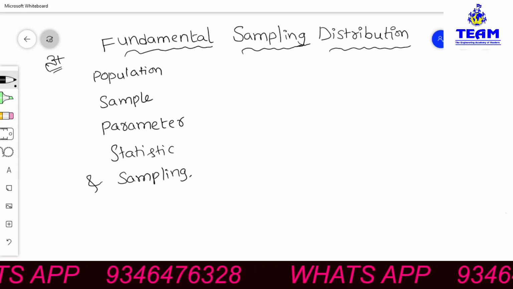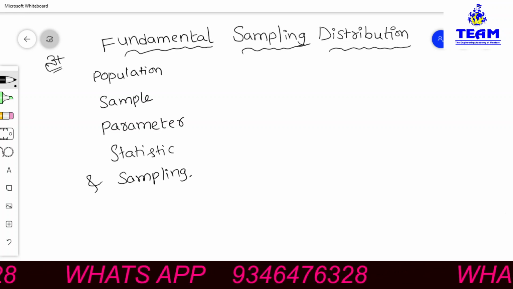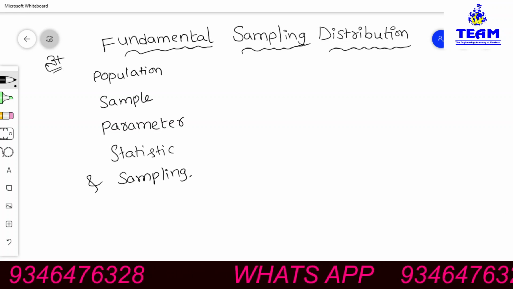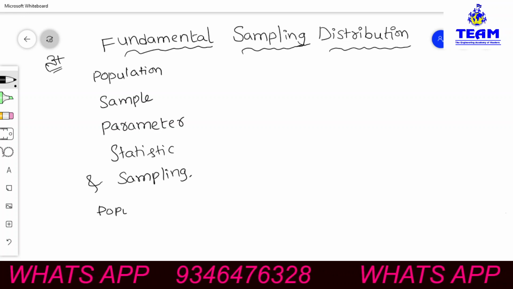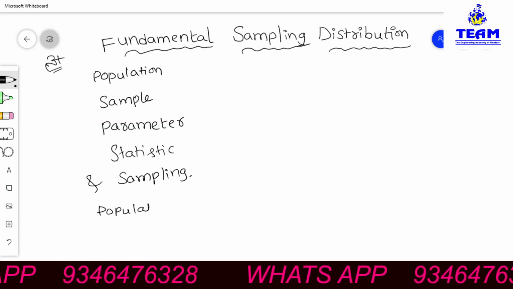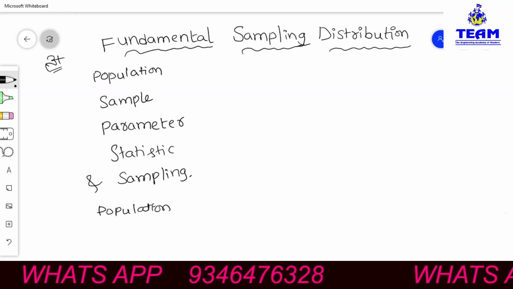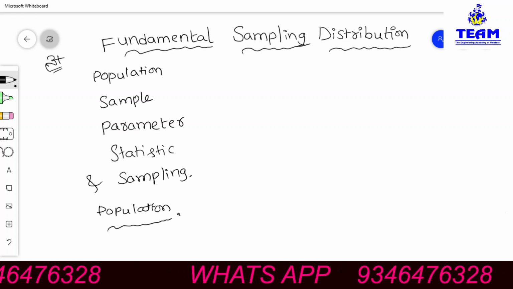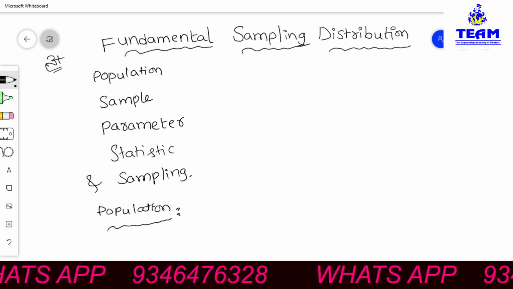First of all, we have to learn what is population. Population looks like a universal set.